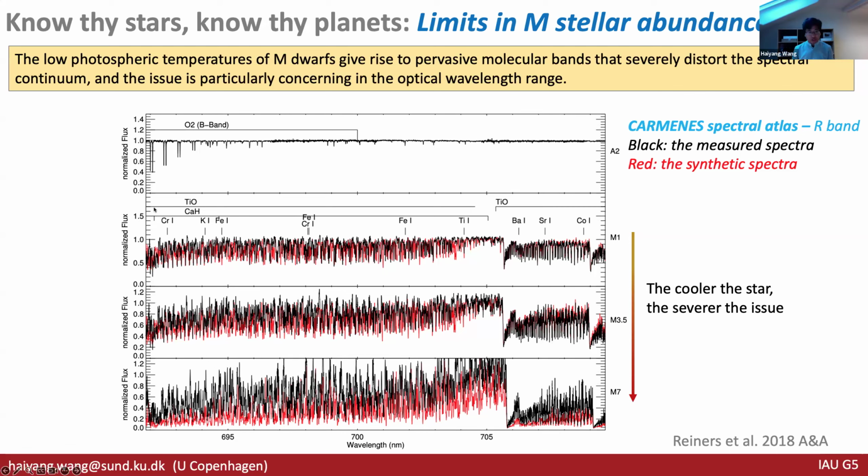As you see here, for example, with titanium oxide, this actually influences a lot the atomic lines of other elements. And this problem becomes even more severe as you go to cooler and cooler stars, as shown here from M1 to M7.